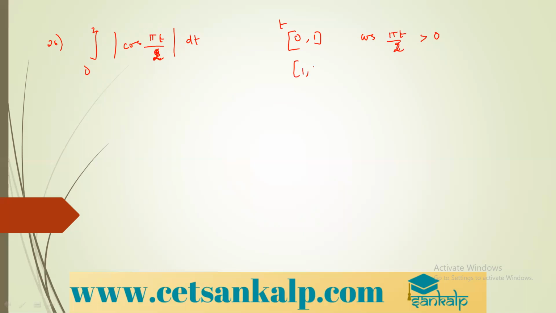Whereas if you take from 1 to 2, cos pi t by 2 will be negative, because this will be in the first quadrant, this will be in the second quadrant.